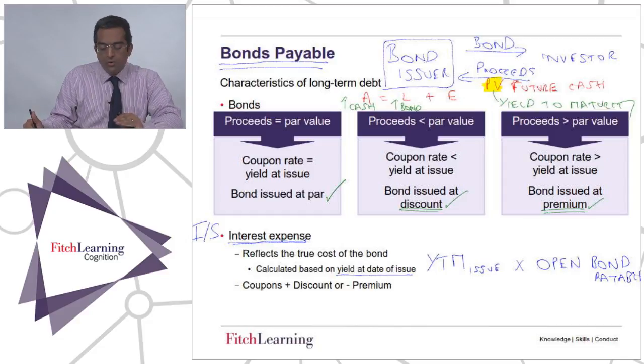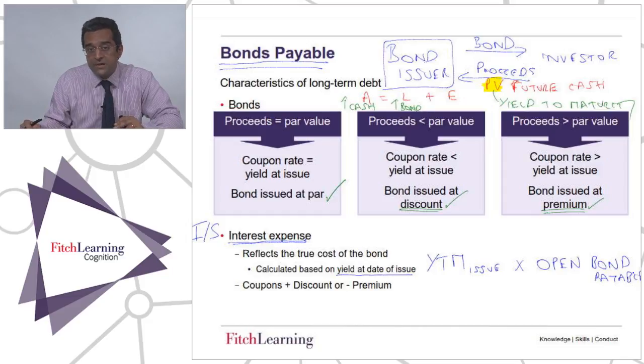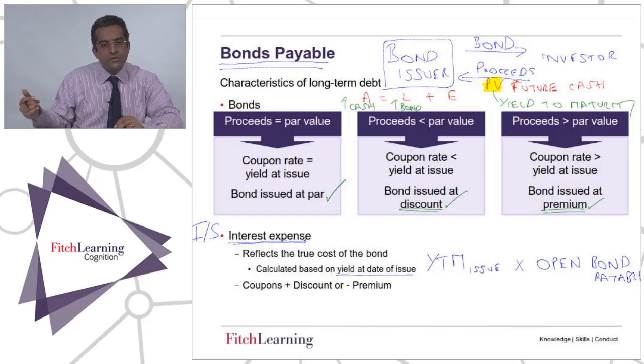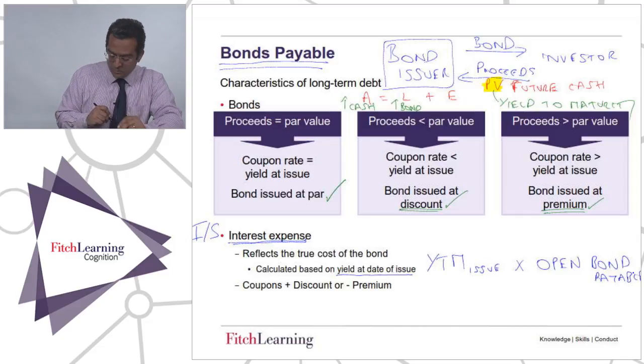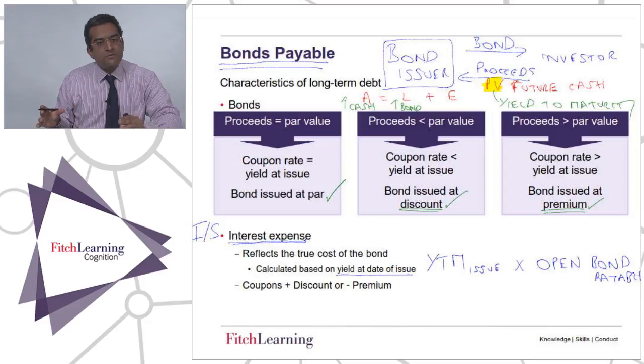Now, please note that you always stick with the yield as of the issuance date. If we stick with that, you'll automatically amortize or remove any discounts the bond might have had at issuance, or any premiums the bond might have had at issuance, over the life of the bond. We must stick with the yield at issuance. And so as you can see, the interest expense reflects coupons plus the discount.